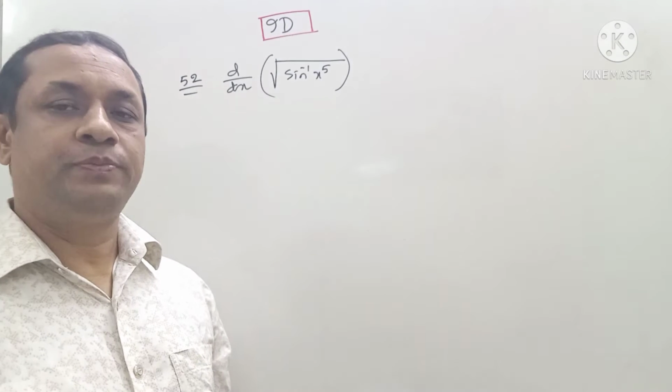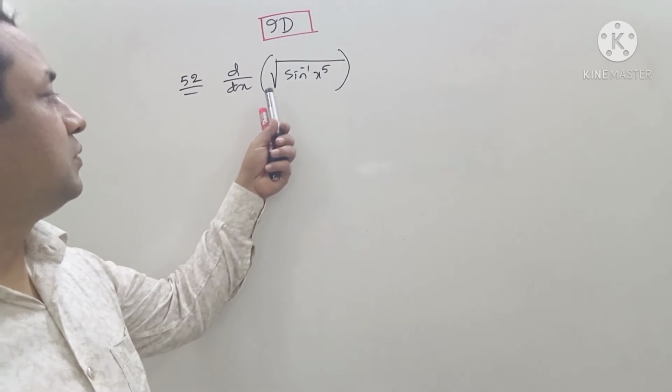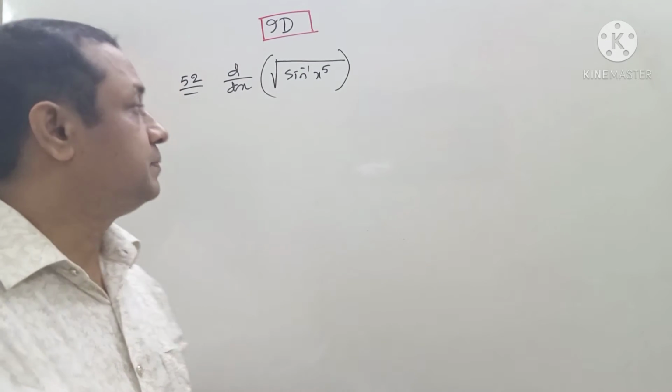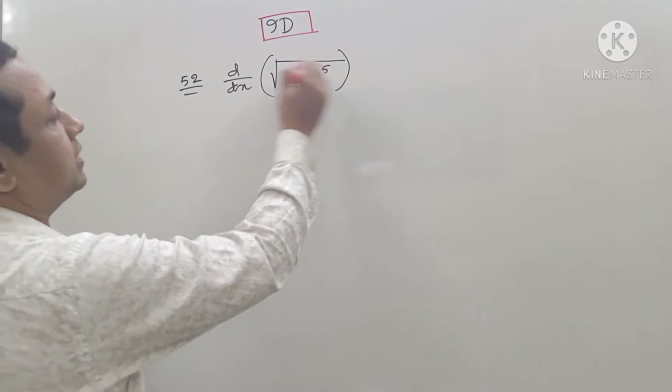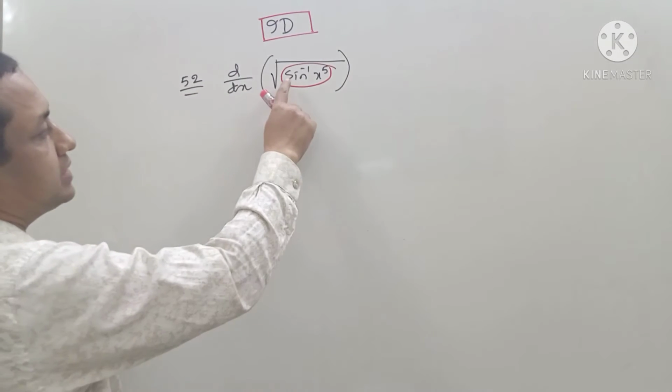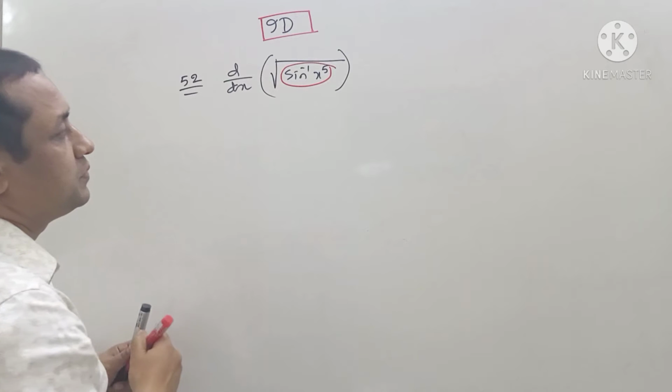Question number 52. d/dx of root over (sin⁻¹x)⁵. So let root over x, here x means (sin⁻¹x)⁵.